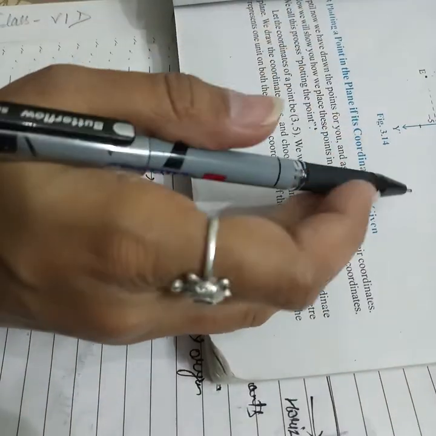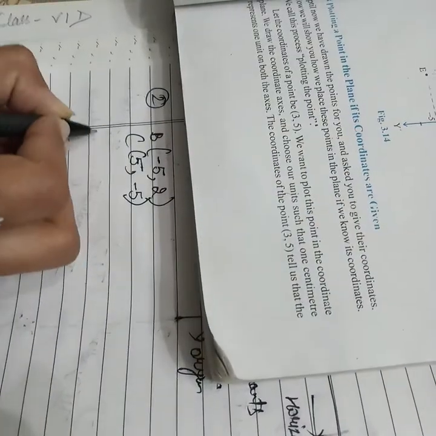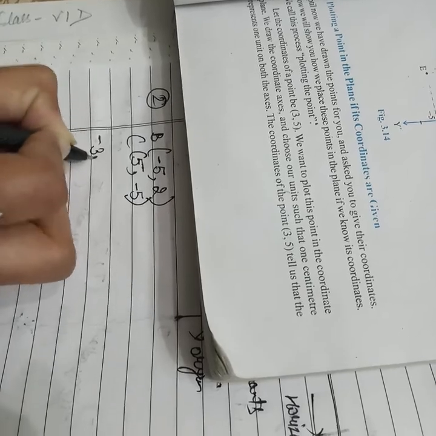Now the third part is the point identified by the coordinate. That is, we have to check the point where x is -3 and y is -5.